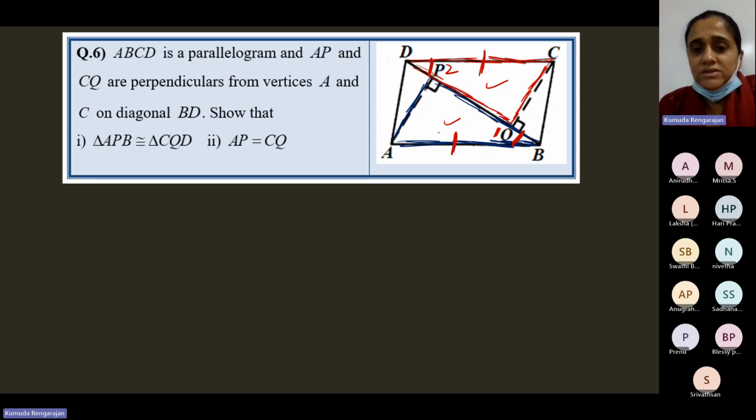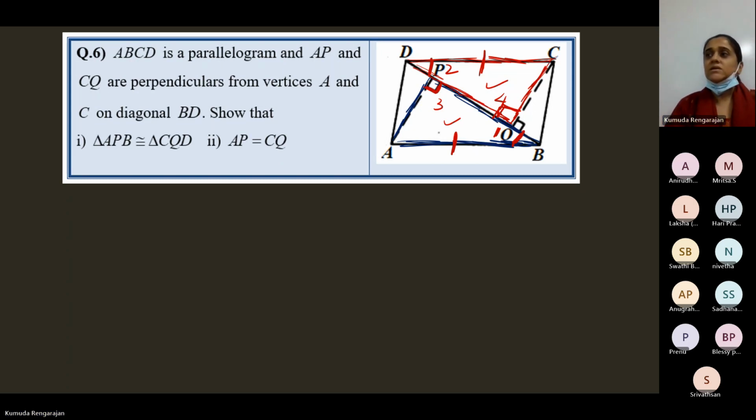And you can see that angle 3 is an angle of this triangle, and angle 4 is an angle of this triangle. Angle 3 is equal to angle 4, 90 degrees given. So it is two angles and some other side. Tell me the included side.